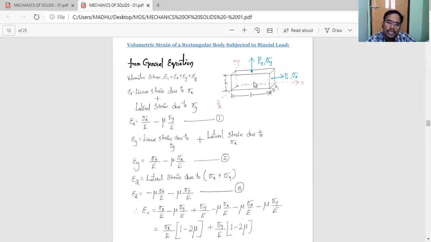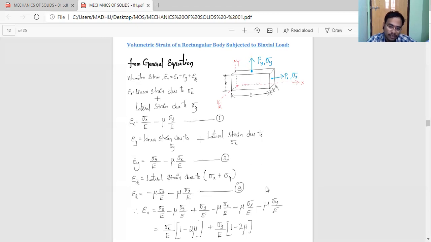We have only lateral strain in the direction of z. So the lateral strain is given like this: minus of mu into the longitudinal strain in the x direction, and minus of Poisson's ratio into the longitudinal strain in the y direction. So when you give these two, we get the third expression.